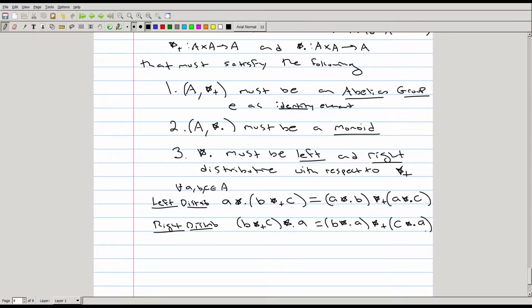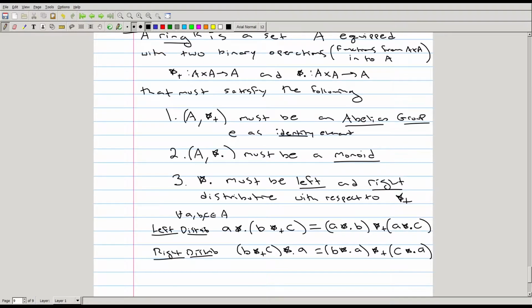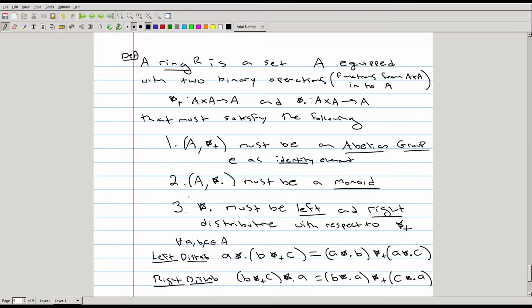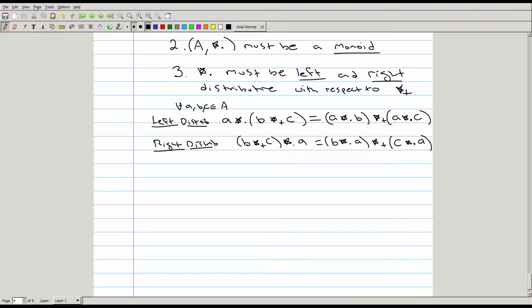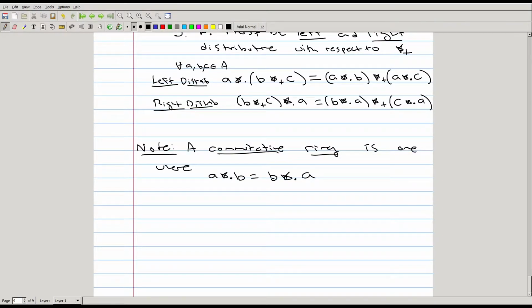And it is important to distinguish between left and right distributivity because in general, A with star dot is only a monoid, which means it's non-commutative in general. If we have commutativity with respect to this star dot operation, then this is going to become a commutative ring, in which case left and right distributivity are the same statement.